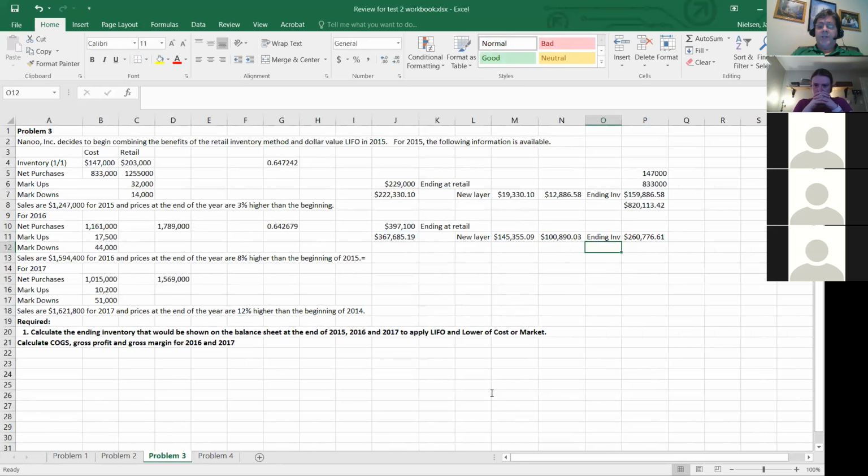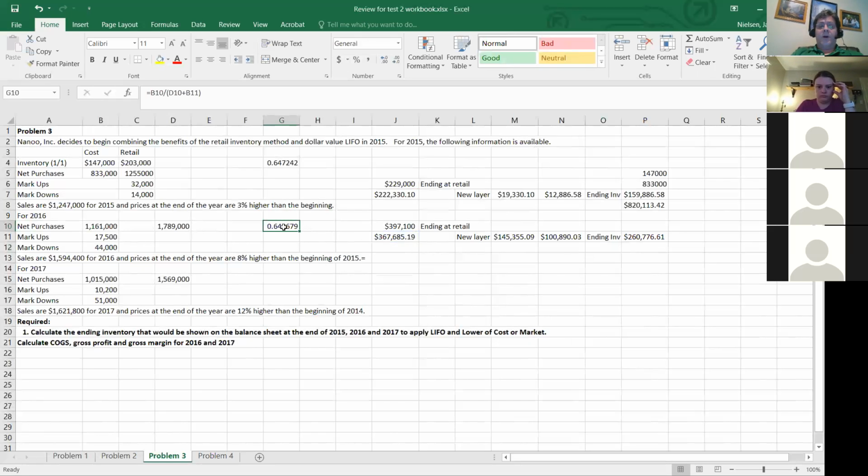How'd you get the percentage to get the new layer again? Which this one, 64 or the 108? The 108 was the 8% higher, okay?